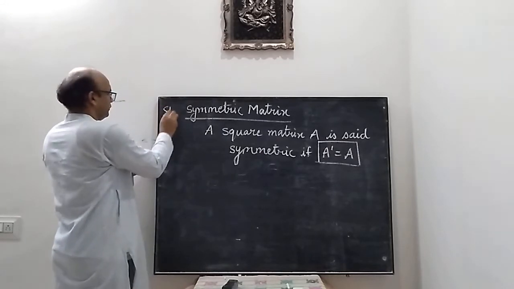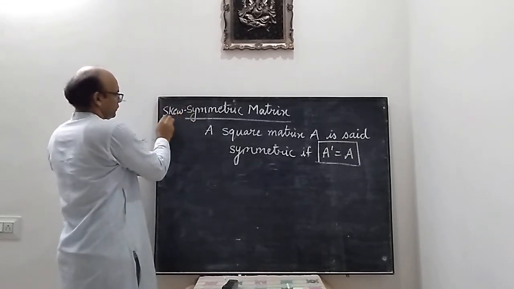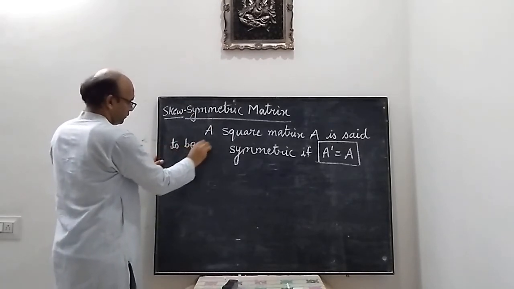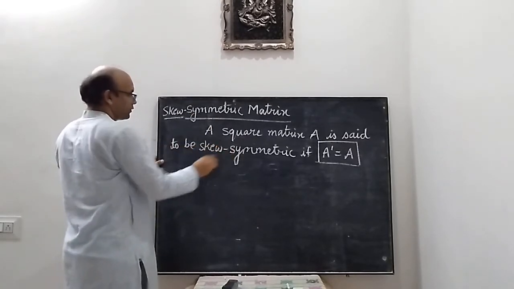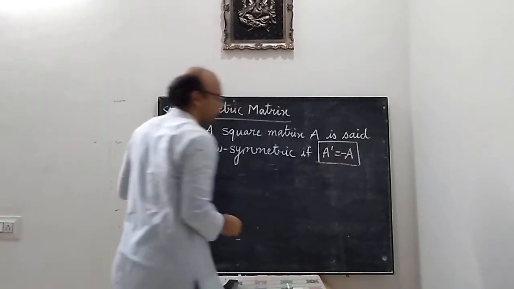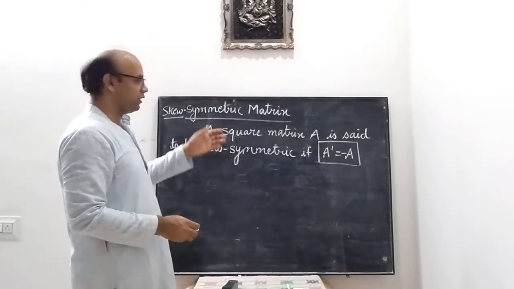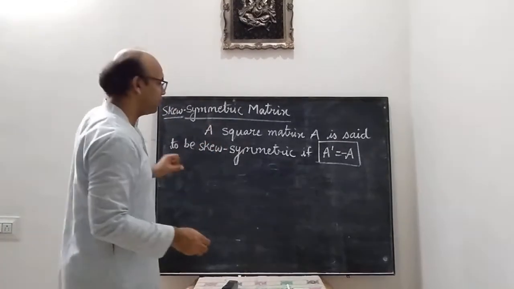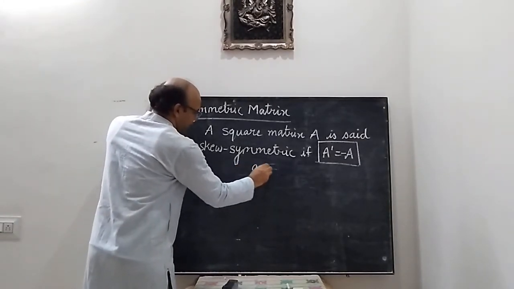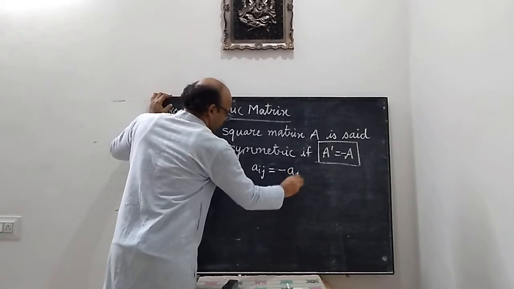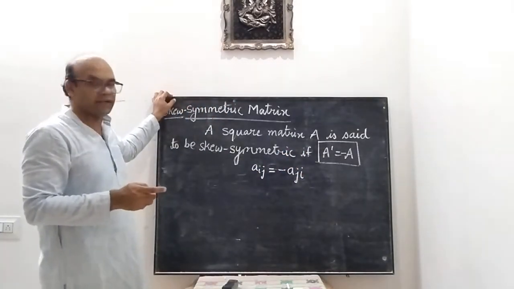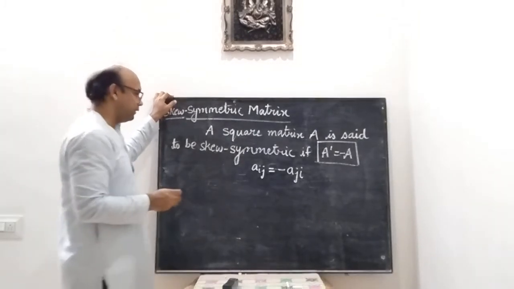We say our square matrix A is said to be a skew symmetric matrix if A transpose is equal to minus A. That means if you take the transpose of A, then we must have minus A. In this case, we have aij is equal to minus aji.